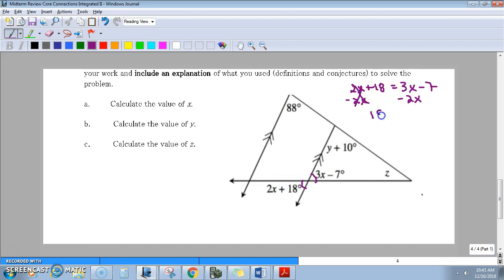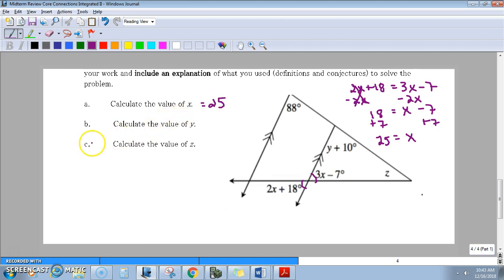Okay, so now I have 18 is equal to just x minus 7. Then the last thing I need to do to solve for x is to add 7 to both sides. So x is equal to 18 plus 7, which is 25. Okay, and that's what x is, not what that angle is. The value of x is equal to 25.